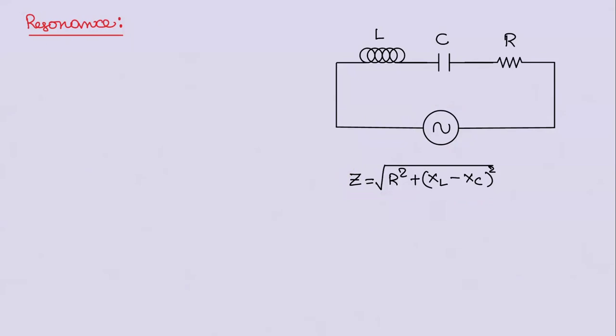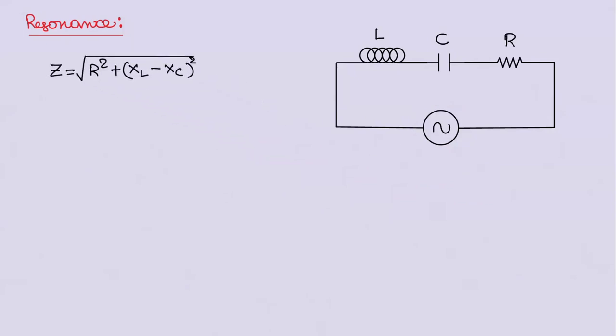So let us calculate the minimum value of Z. Minimum value means R square plus XL minus XC whole square. It is obvious that the minimum value of this one can be 0. It cannot be negative because square is there. So if this is 0, XL minus XC must be equal to 0. XL equal to XC.